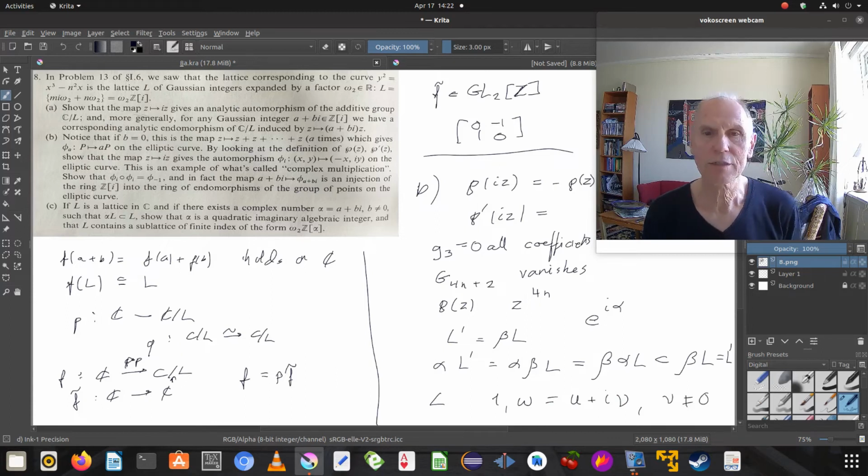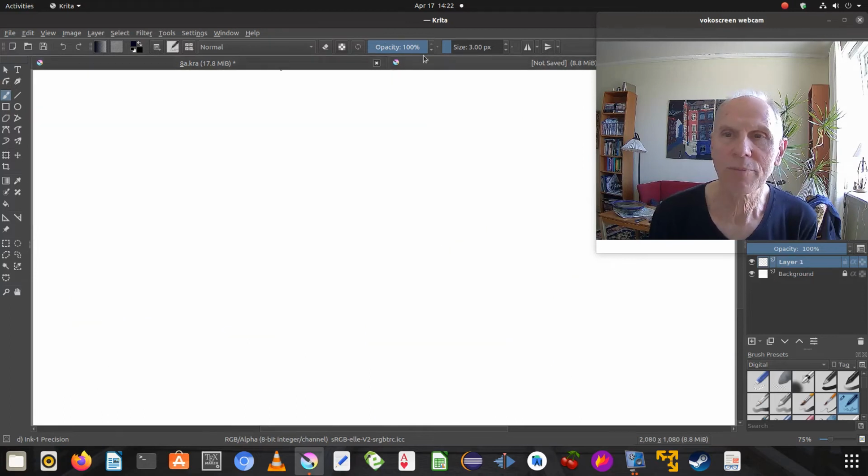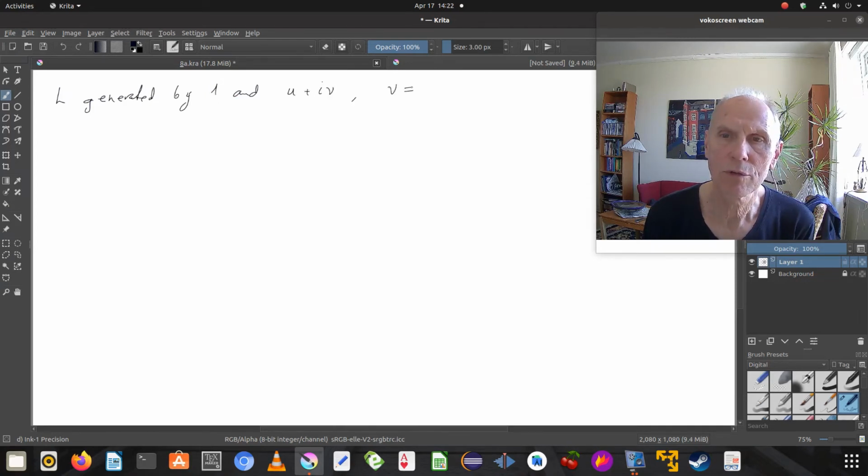So that's the starting point. We have such an alpha, and we have a lattice generated by unity and u plus i nu, with nu distinct from naught.